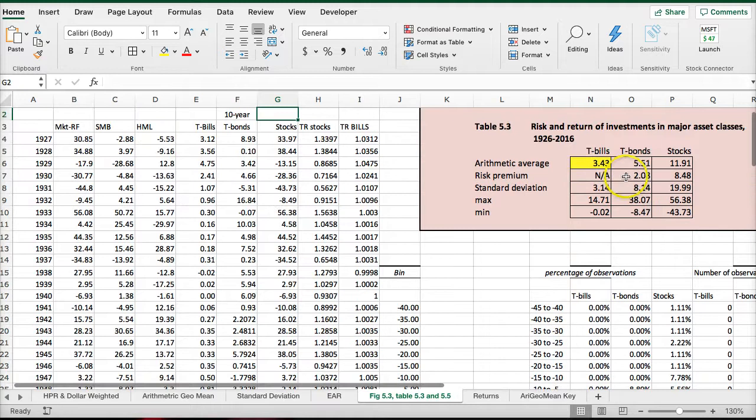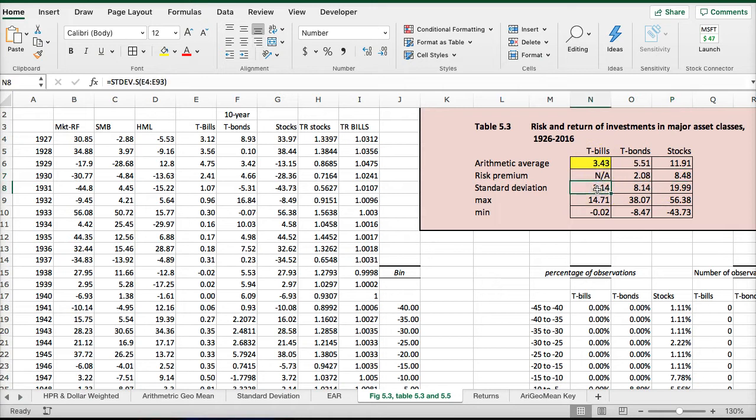Okay, so the risk premium here, I made this in yellow because the risk premium is going to be the treasury bonds minus the treasury bills. And for the stocks, it will be the stock minus the treasury bills. That gives us a risk premium because this is risk-free.